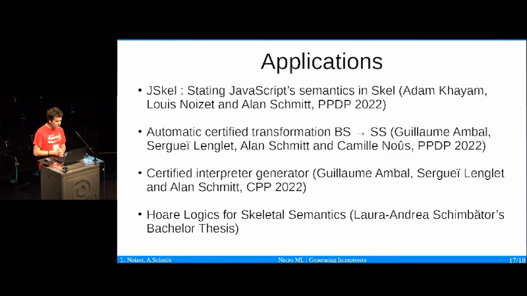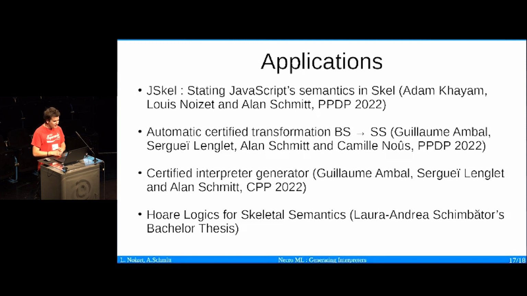There has been some work on automatic certified transformation from big-step skeletal semantics to small-step skeletal semantics, which will also be published at PPDP together with JSkel. There is work on a certified interpreter generator. This one uses Coq instead of OCaml, and then is extracted to OCaml. So it's basically way slower, but it's certified, so you take what you like.